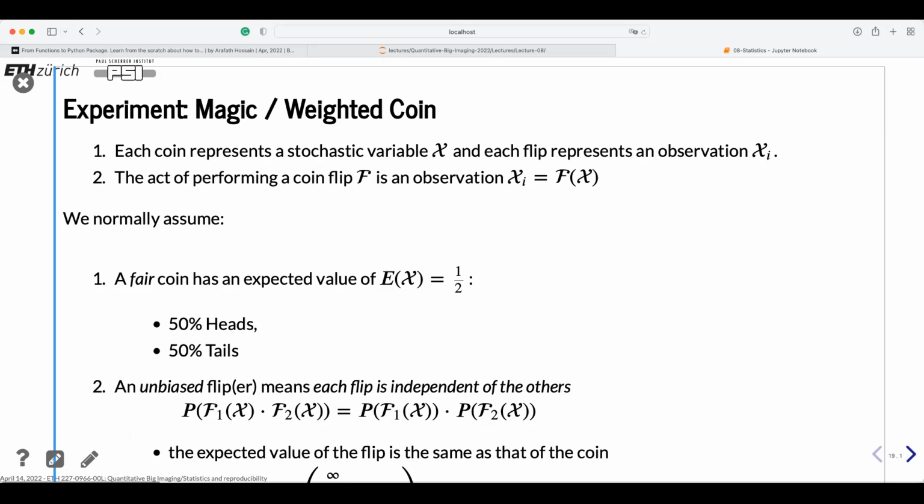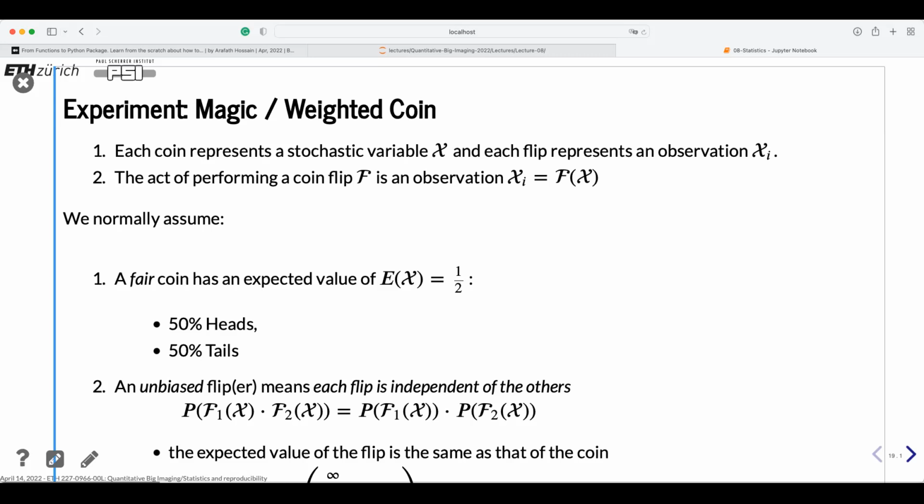Now on point 2, we are assuming that we have an unbiased flipper and that each flip is independent of the other. There shouldn't be any connection between them. And then we can say that the probability of the different flips together is just the product of them, or else we can also turn it into that it's the probability of each flip individually multiplied by each other.